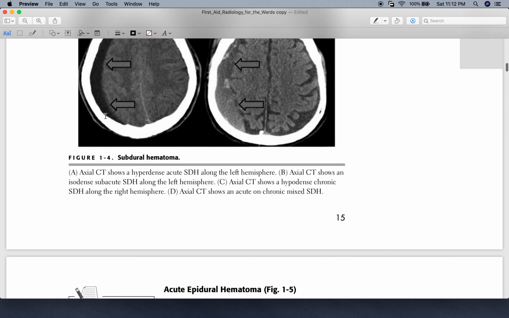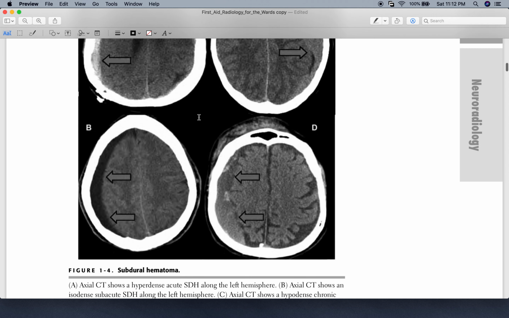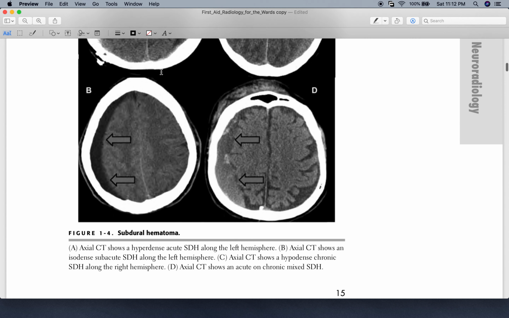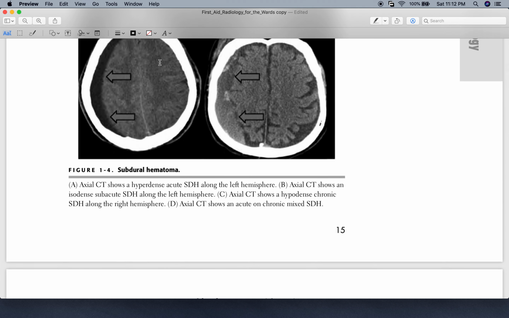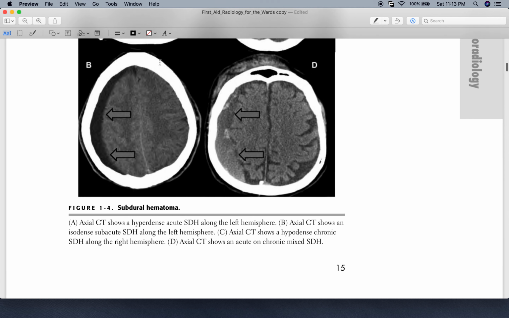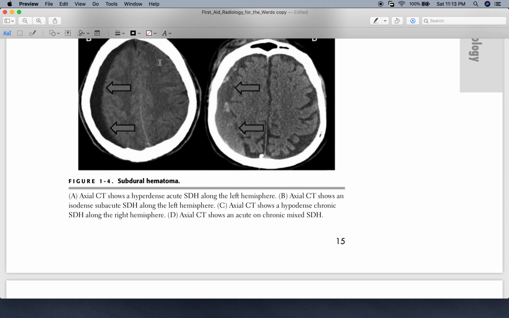In figure B, this is A, this is B. In figure B, we can see an axial CT shows an isodense subacute subdural hematoma along the left hemisphere. So now it's what? In B, it's subacute. There, it was acute, now it is subacute. When it turns black, it is subacute.